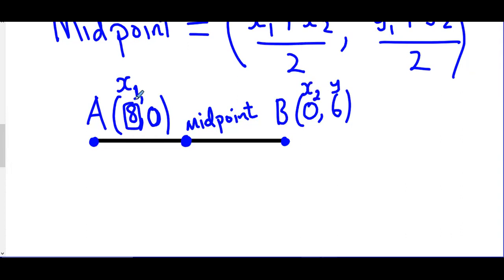Now, just remember my words. If this value is labeled as x1, then this value after the comma will automatically be y1, so that they look similar.